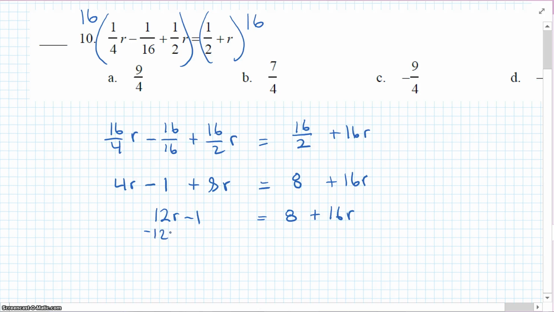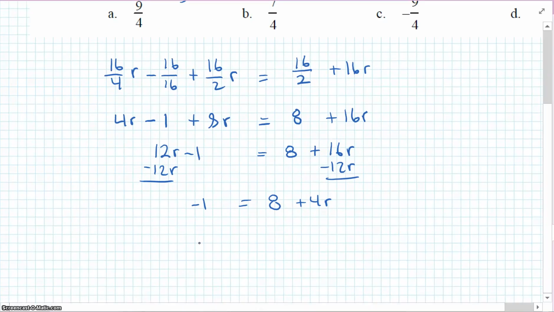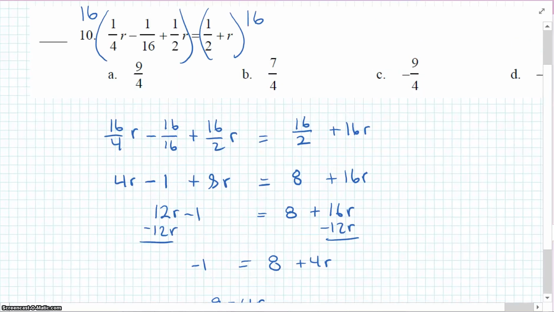I'm going to subtract 12R because I like to keep my variables positive. So we get negative 1 equals 8 plus 4R. So I'm going to subtract 8 to each side. So I'm going to get negative 9 equals 4R. Divide each side by 4. So R is going to equal negative 9 over 4. Answer C.